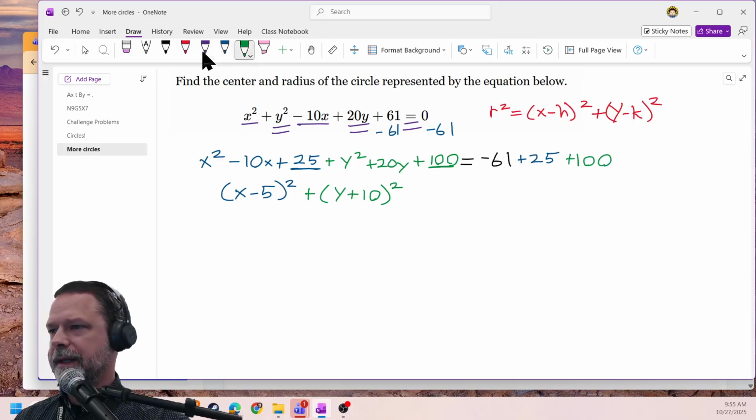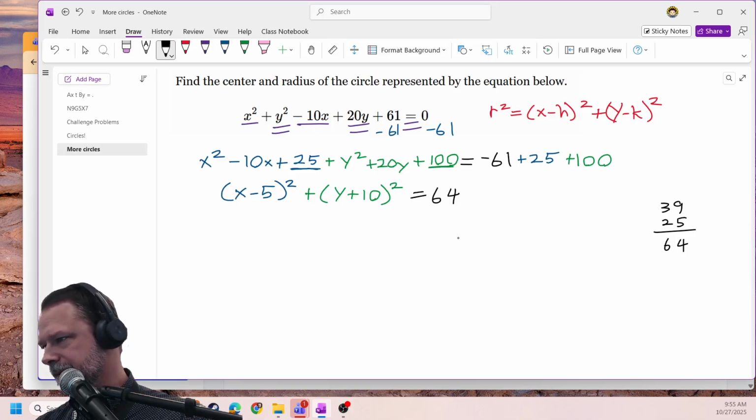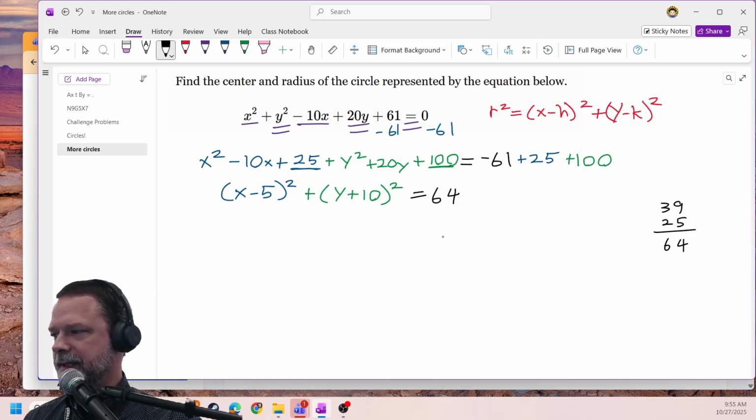And then off to the side, we just got to simplify, add all this up. So 100 minus 61 is 39. 39 plus 25 is 64, I think. Hopefully I'm doing that right. Okay, I'm going to say yes, I did. And there we go. So we know our radius also.